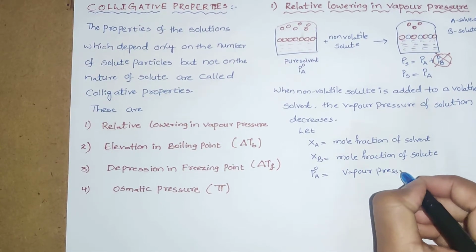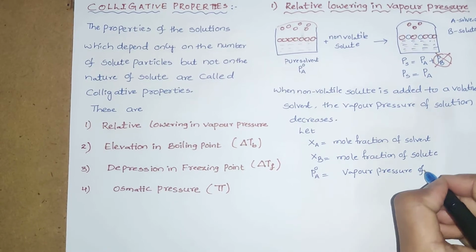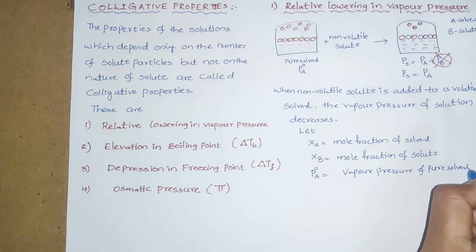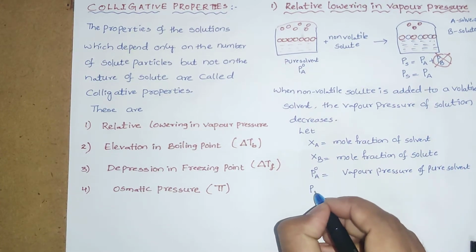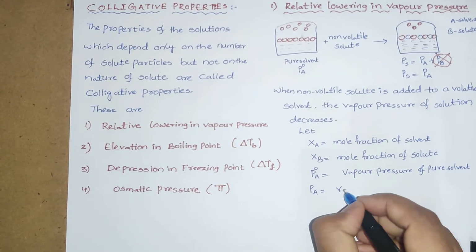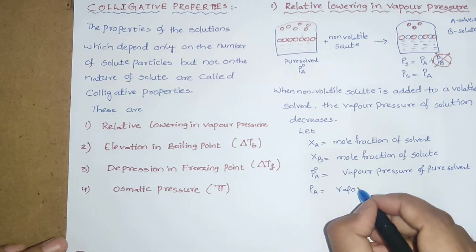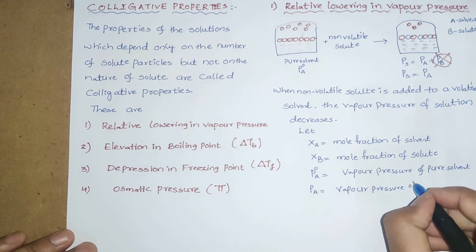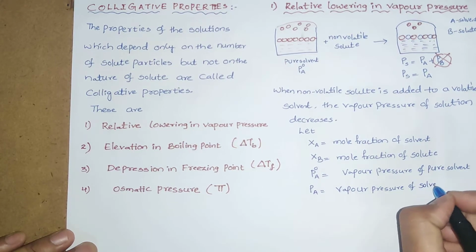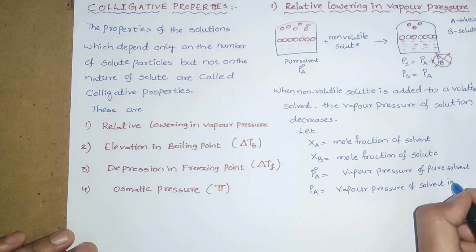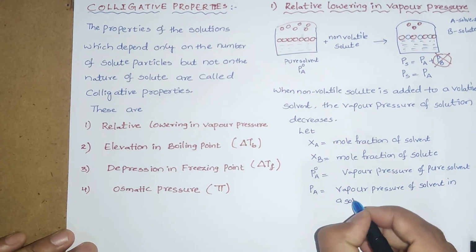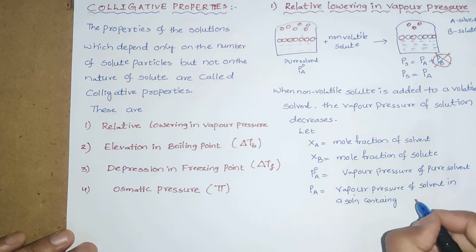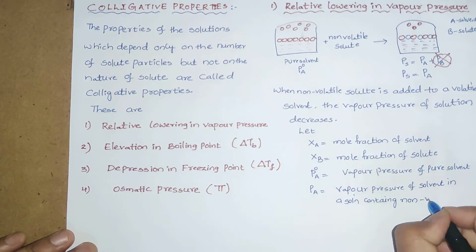PA is the vapor pressure of the solvent in a solution containing non-volatile solute.